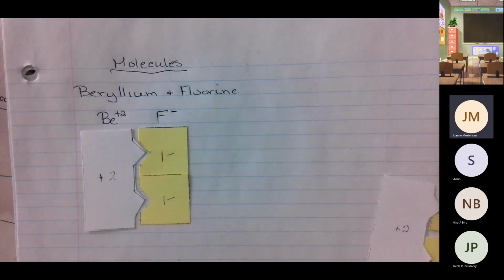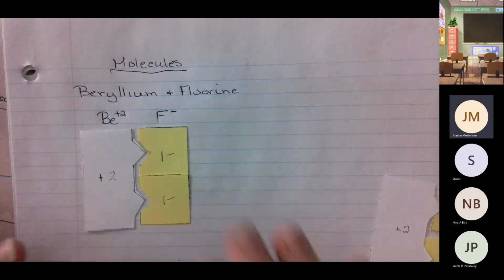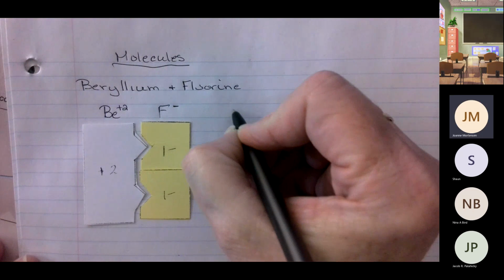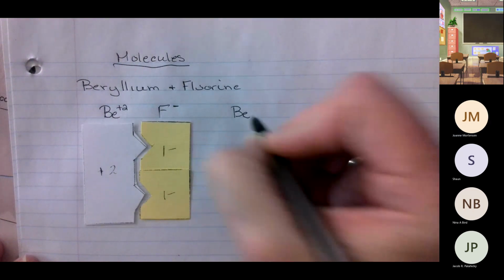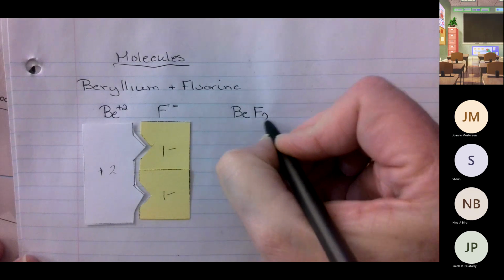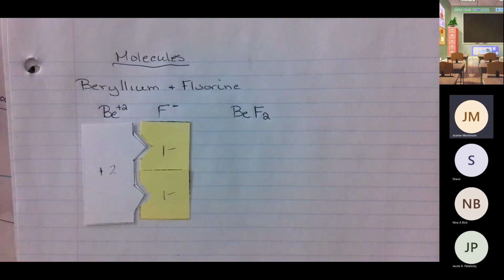So the rule is always the smallest whole number ratio that you can make. When we put these together, it took a beryllium and two fluorines. That's how you'd write it, and that's why you write F2.